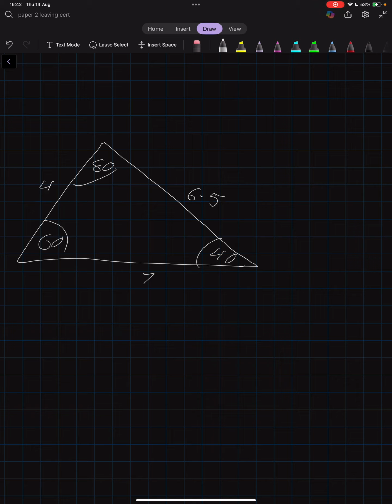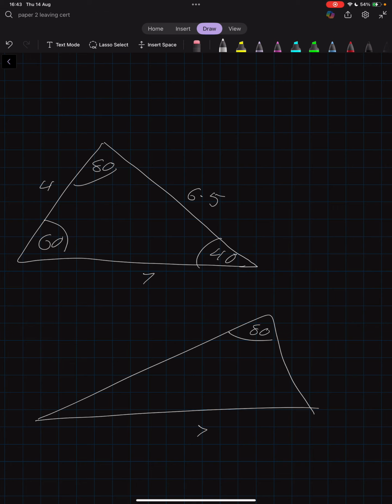The congruent triangle of this would basically be if I just flipped it and said this was 7, this was 80, this was 4, and this was 6.5, 6.5 and 60 and 40. And now just be careful. If you look here, what's the opposite side to the 40? It's the 4. So in this triangle, the opposite side to the 40 is also the 4. That's the best way to do it.